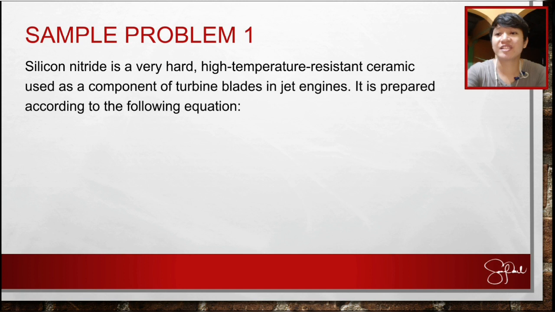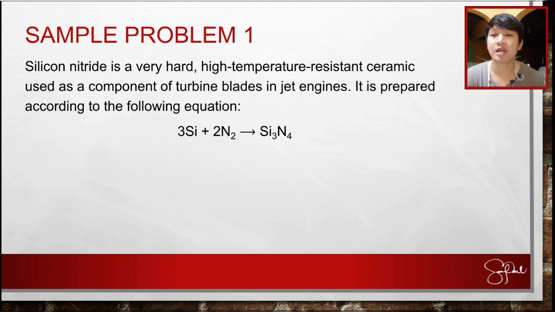Silicon nitride is a very hard, high temperature resistant ceramic used as a component of turbine blades in jet engines. It is prepared according to the following equation. So this is the chemical reaction on how to make silicon nitride. 3 silicon atoms added to 2 molecules of nitrogen gas produces 1 molecule of silicon nitride.